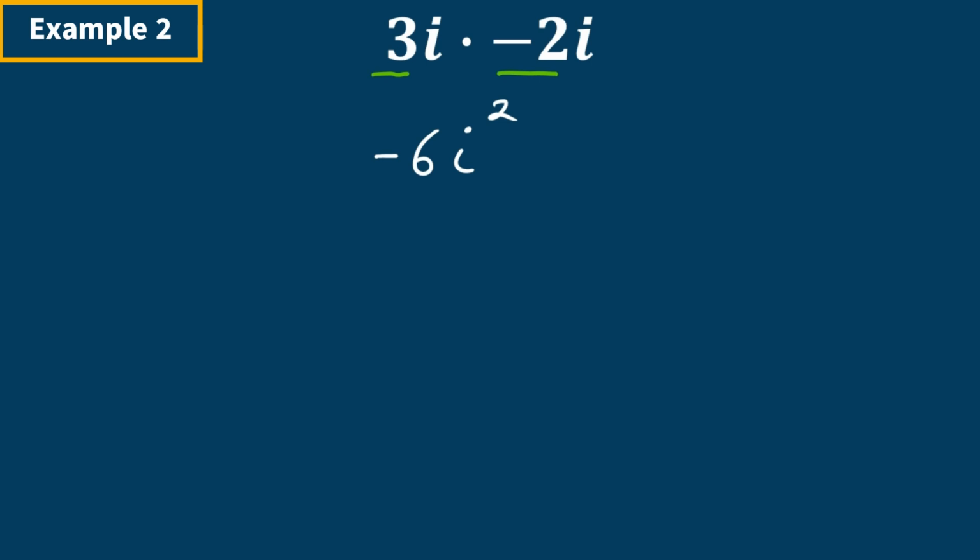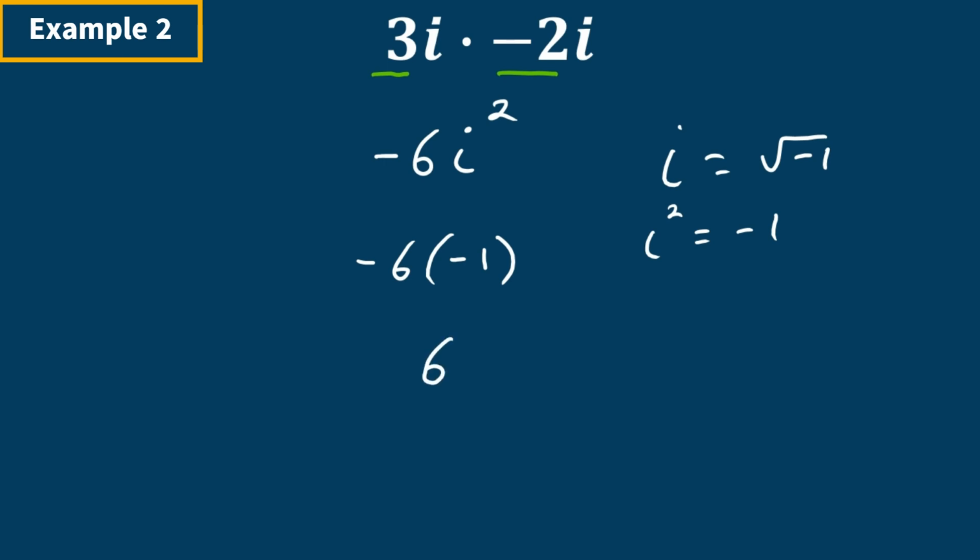Now we know that i is equal to the square root of negative 1, so i squared is going to be equal to negative 1. So we can simplify this further. What we'll have is negative 6 times i squared, which we know is negative 1. Negative 6 times negative 1 is going to be 6. And this is going to be our final answer.